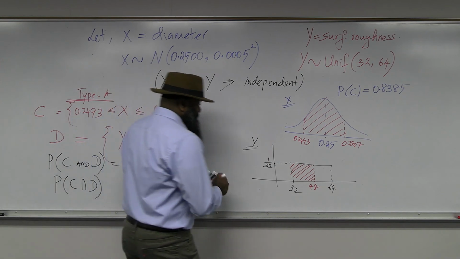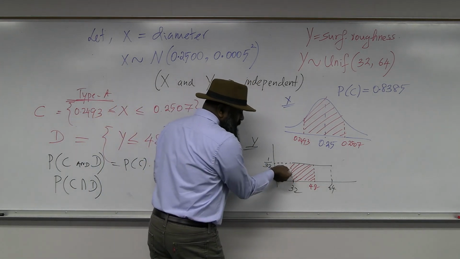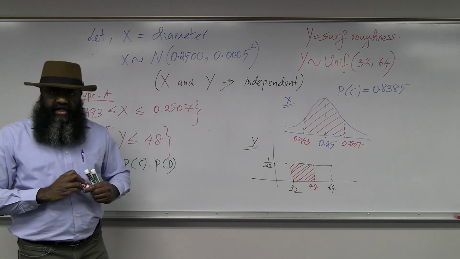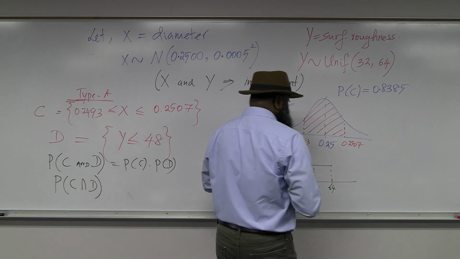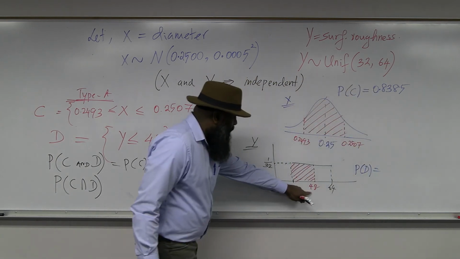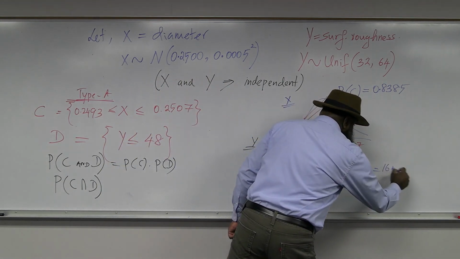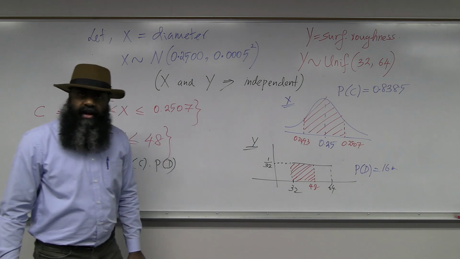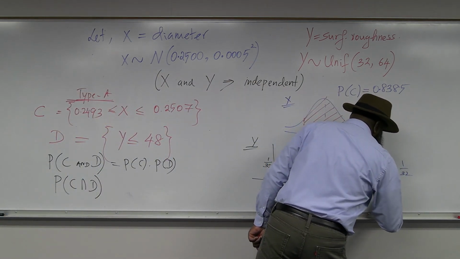Now it's again a rectangle. This side times this height will be the area, which is the probability I need. So probability of D can be easily found from that. So this side will be 48 minus 32, which is 16. That times the vertical height, which is 1 over 32. So they will be simplified to 16 over 32, which is 0.5.